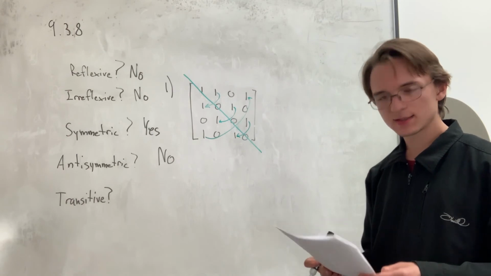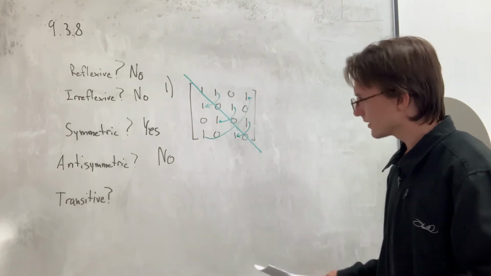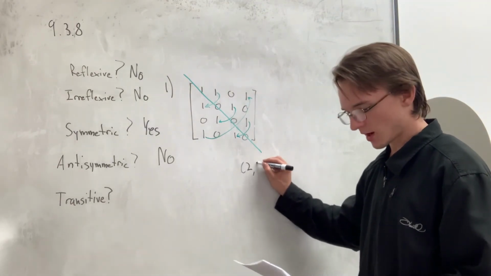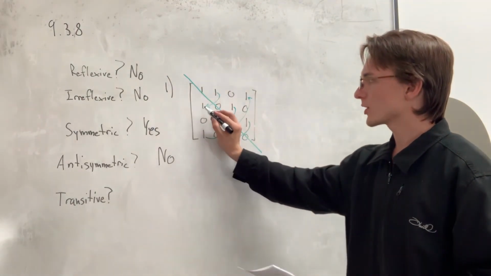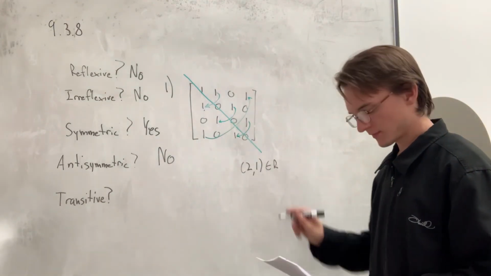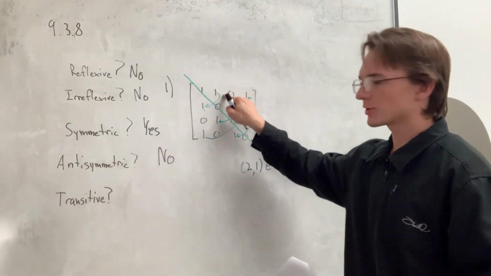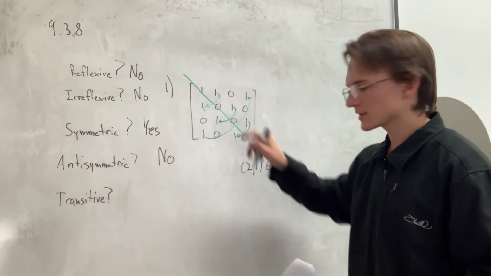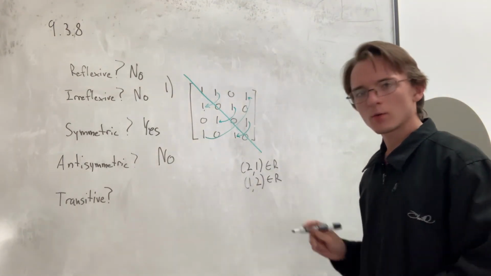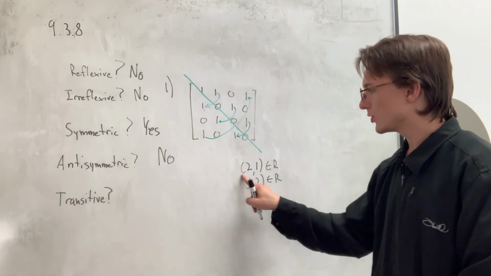Okay, is it transitive? Well, let's look at it more closely. We have the relationship 2, 1, down 2 and across 1. We have a relationship right here. We also have the relationship 1, 2, 1 down and 2 across. What that means is that we should also have the relationship 2, 2.